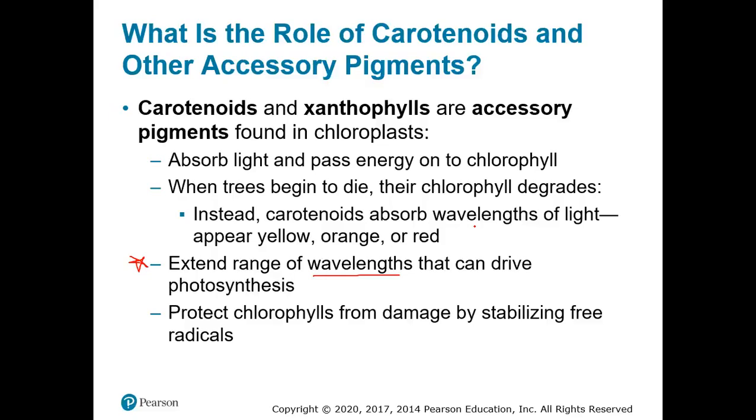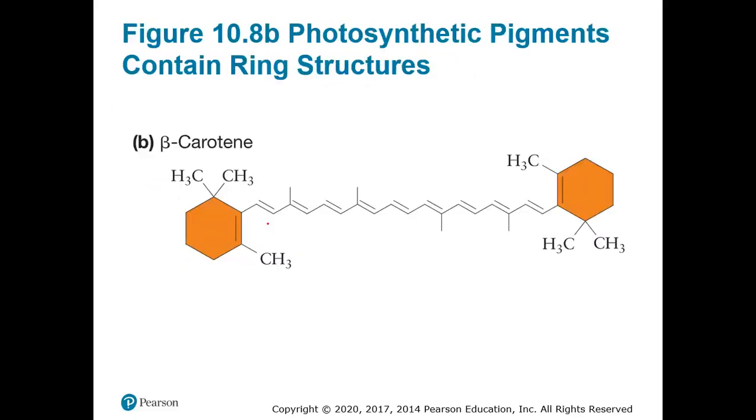When that green chlorophyll pigment degrades, all that's left over is the carotenoids, those yellows, oranges, and reds. So here's an example of a carotenoid, a much different structure than we saw with our chlorophyll. And of course, structure equals function. So our carotenoids are going to absorb different wavelengths and they pass that energy on to our chlorophyll.